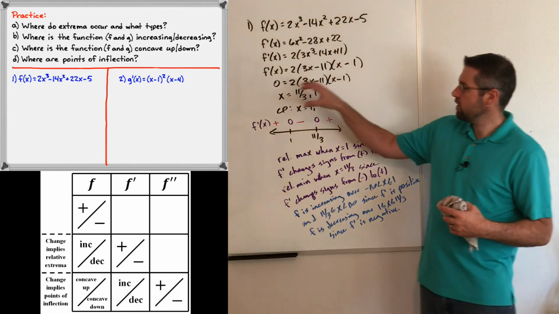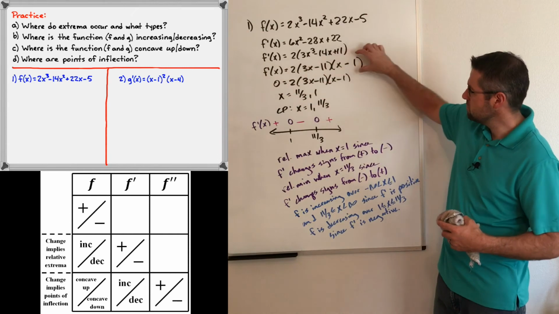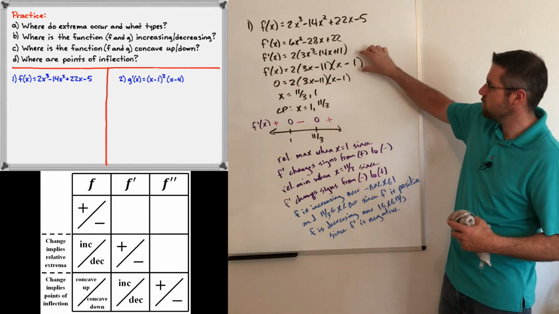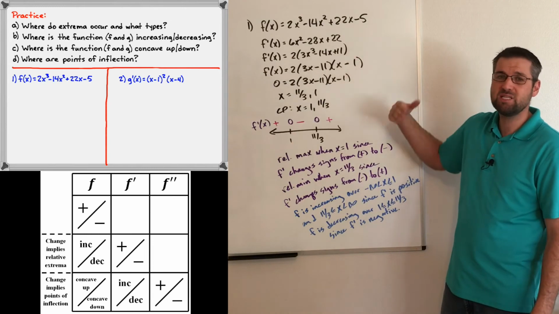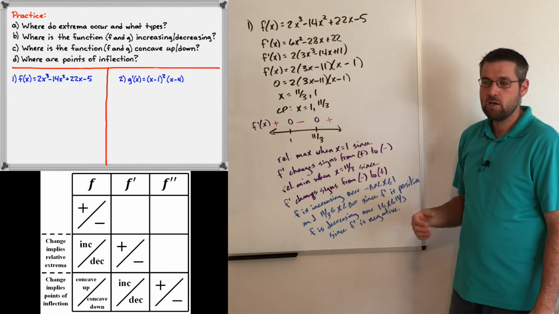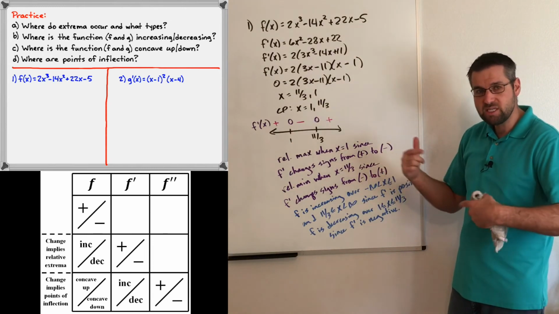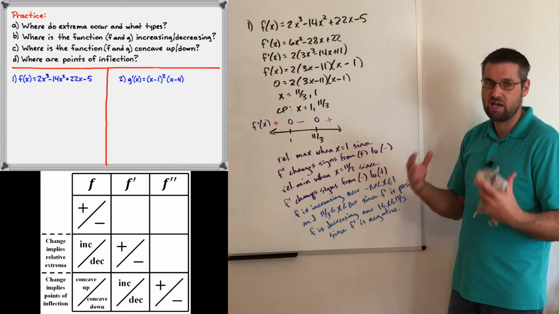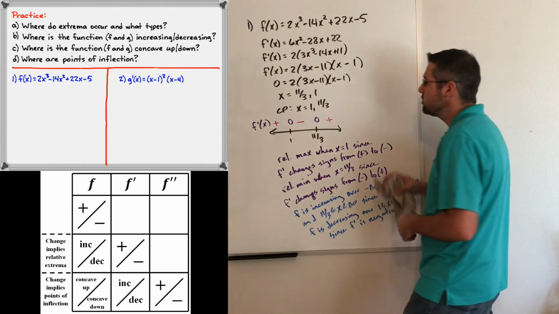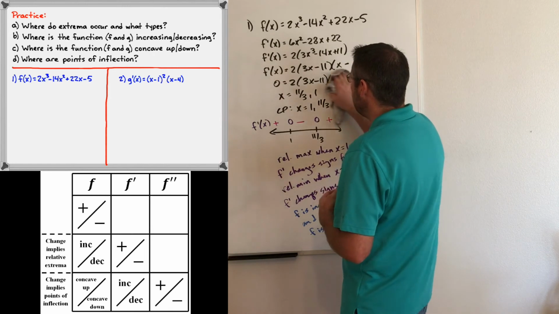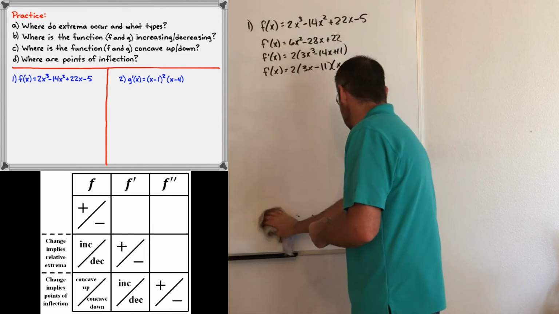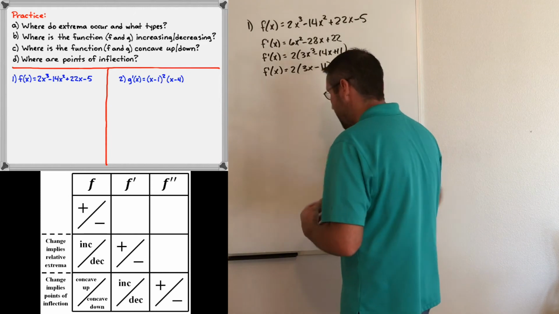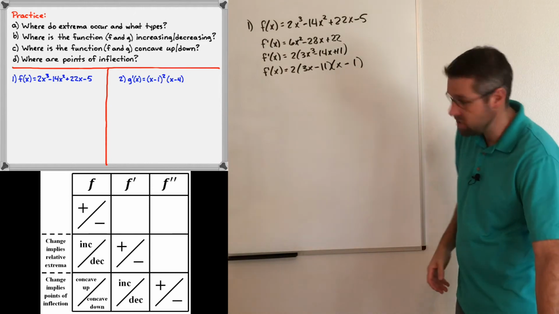I cannot look at an analytical function and see when that function's increasing. I can only see when it's positive or negative. So when we're looking at functions, we want to always get down to sign values, positives or negatives. So we don't really care when f prime is increasing. What we care about is when f double prime is positive.